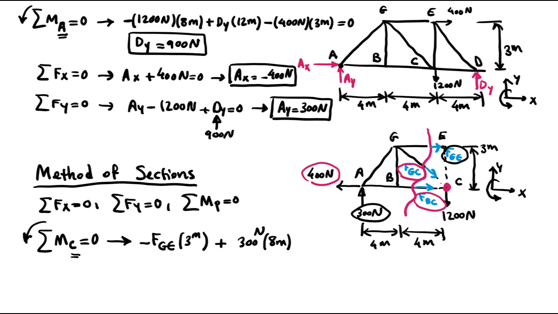It is clockwise, so it has to be negative. Equal to 0. I have one equation, one unknown. I can solve for the only unknown. The force in member GE will be equal to 800 Newton.